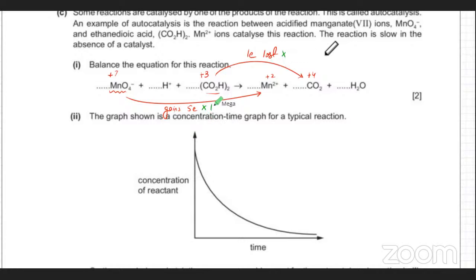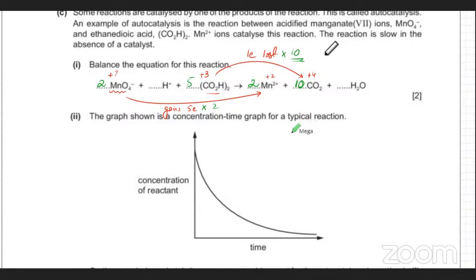I can make this 10 and double this one. So now I can have 10 carbons in total. So this would be multiplied by 5 and this would be multiplied by 10. Is that clear? And I'll have 2 Mns here and 2 Mns over here as well.